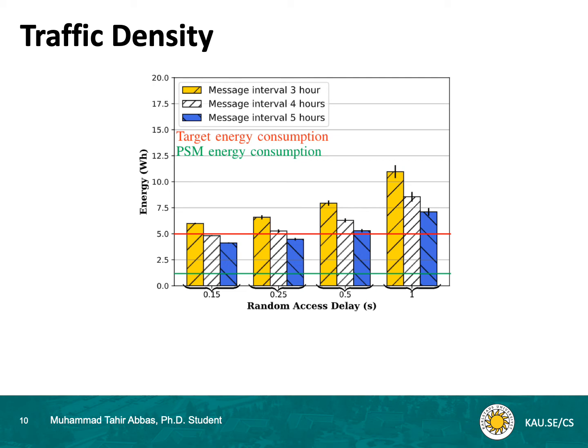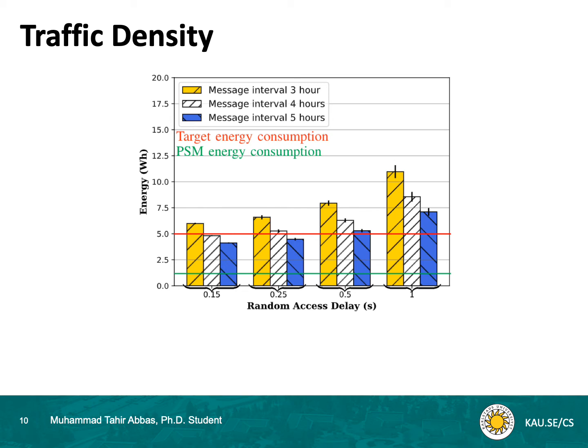The red line shows the target energy consumption which we want to achieve, and the green line shows the total energy consumed by the device while staying in the PSM state for a period of 10 years. From the figure, we can say that the energy consumption increases with an increase in random access delays along the group of bars, and it also increases with different traffic intensities.